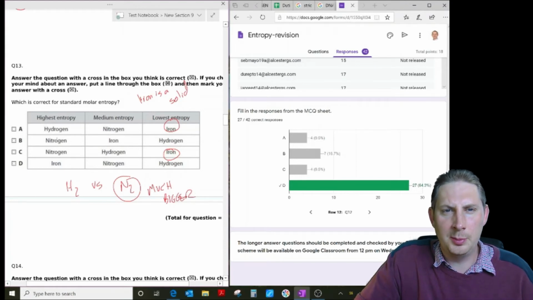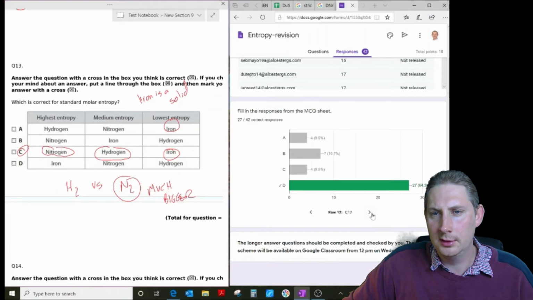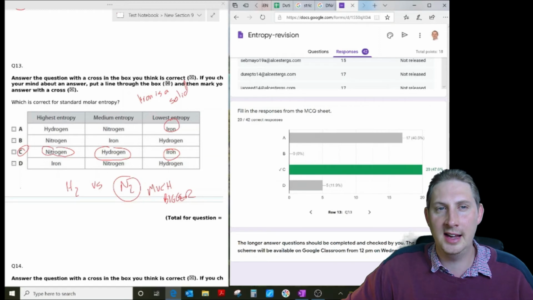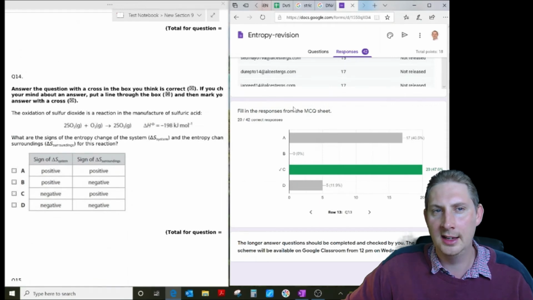So the highest entropy would be nitrogen, followed by hydrogen, followed by iron, C. Oh wow, look at that. Many of you getting that wrong there. So just under half of you got that right. So pay attention to that, okay? It's the size of the atoms that's important if you're comparing gases.